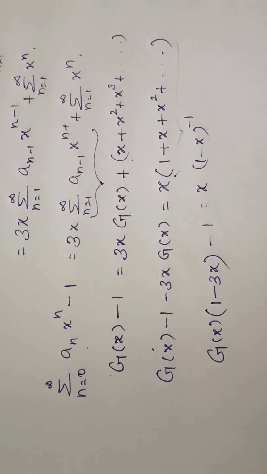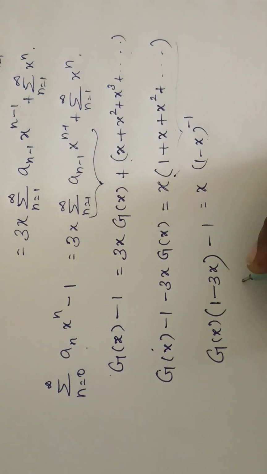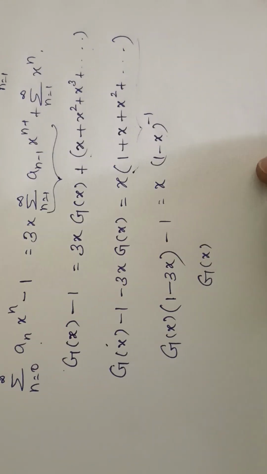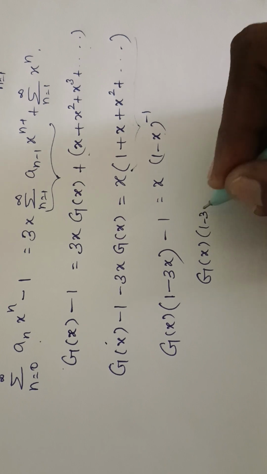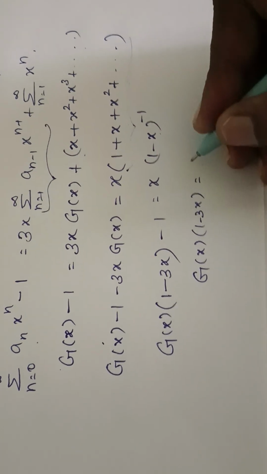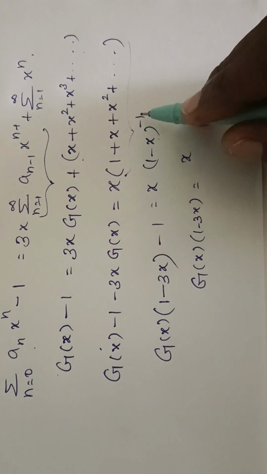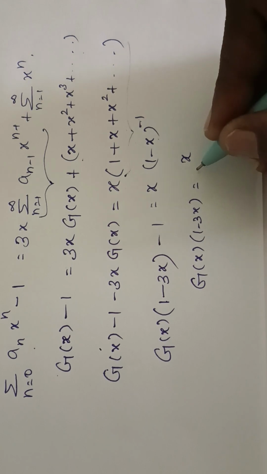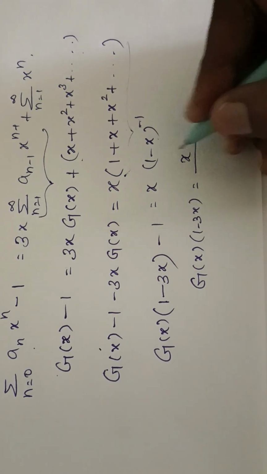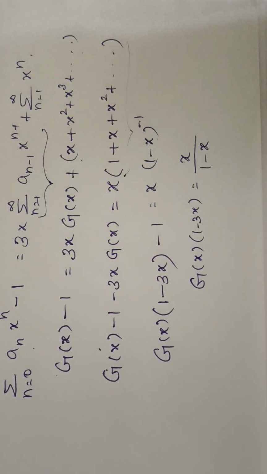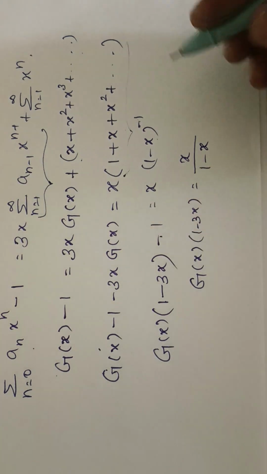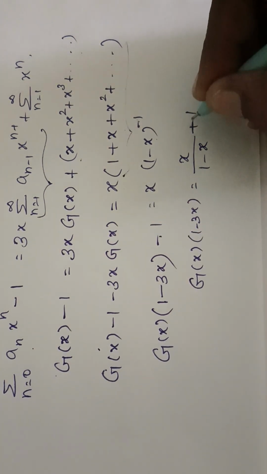Next, g of x into 1 minus 3x is equal to x into 1 minus x the whole power minus 1. Power minus 1 becomes division, so that is x by 1 minus x. That minus 1 converts to this side as plus 1.